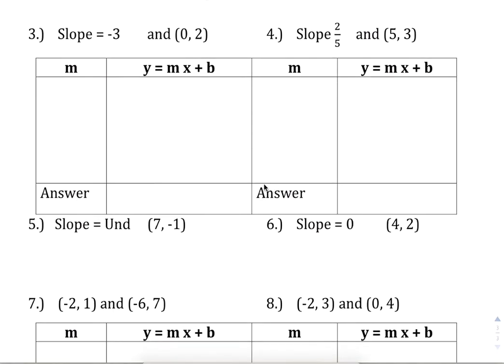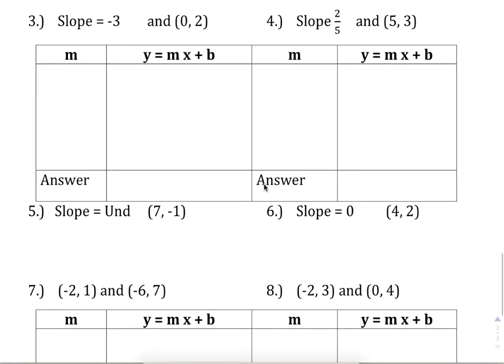All right, I want to remind you on some of these problems that there are shortcuts that we've already talked about, so don't do more work than you need to, okay? For instance, on problem 3, they give me the slope as -3, but then they give me a point 0,2. We talked about 0,2 as a point on the y-axis because that first number is 0.